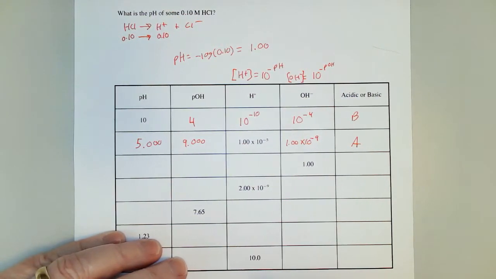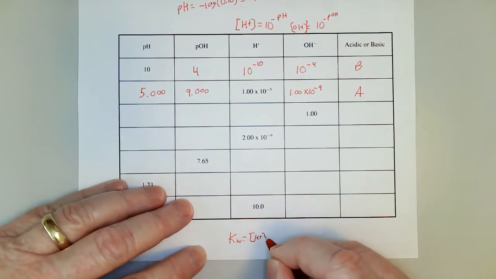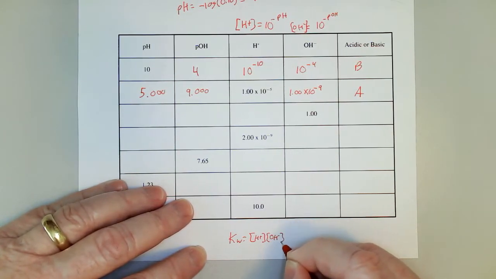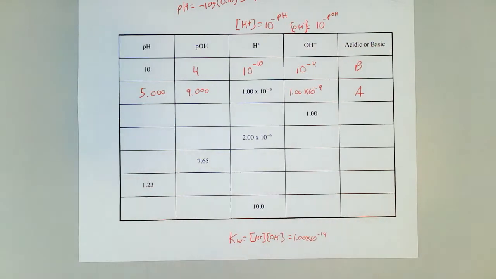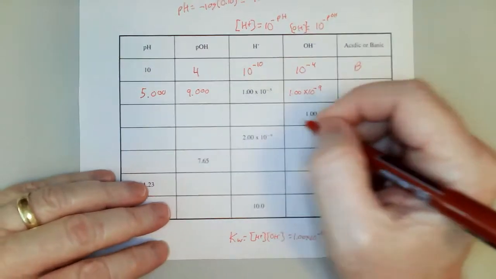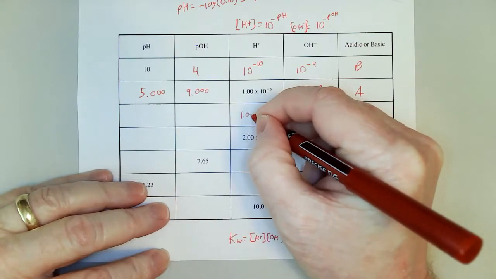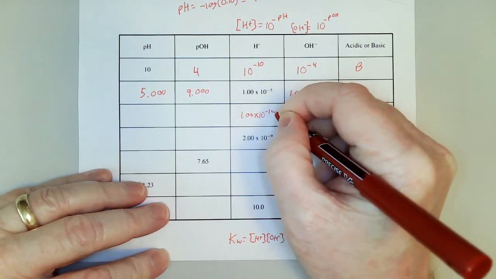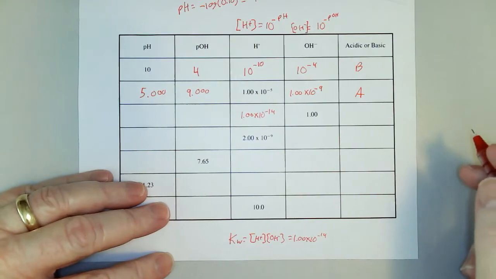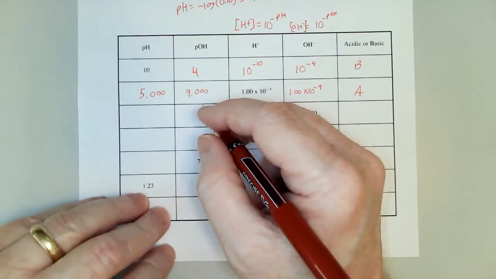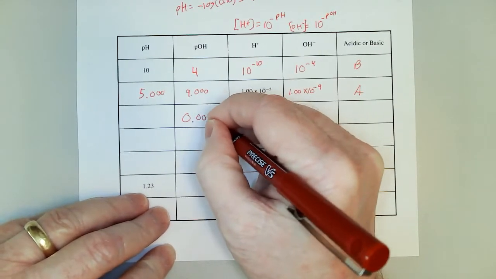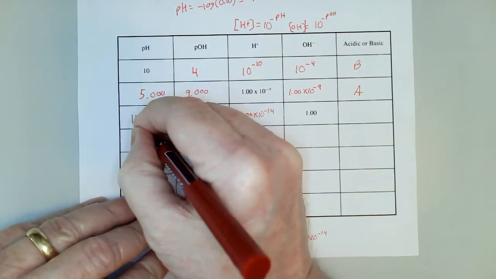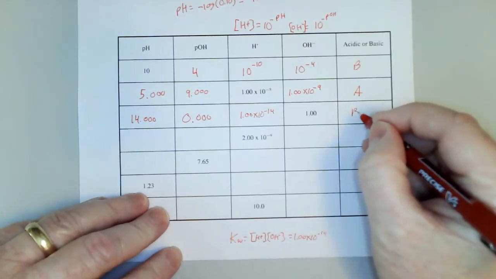Kw equals the H plus times the OH minus, which equals 1.00 times 10 to the negative 14th. So actually, if this is 1, this must be 1.00 times 10 to the negative 14th, the product there. So this actually makes the pOH 0. And since that has 3 sig figs, I'll go 0.000, and this is 14.000, and this is quite basic.